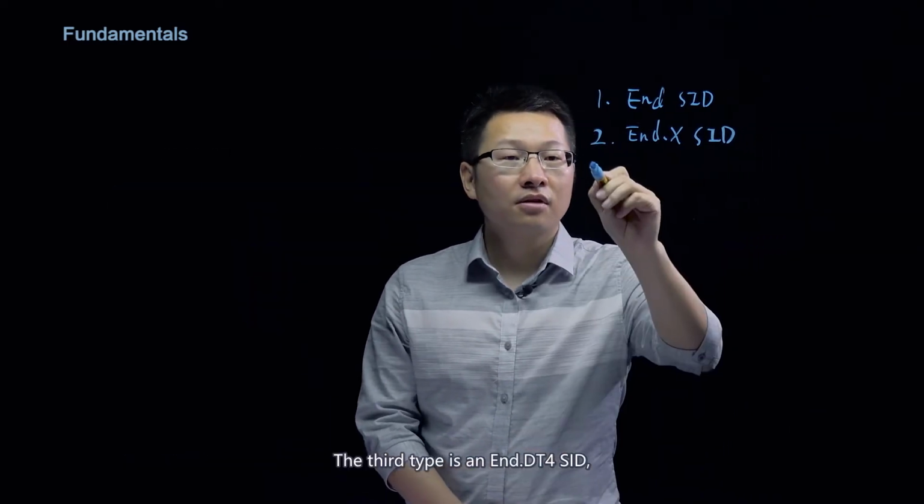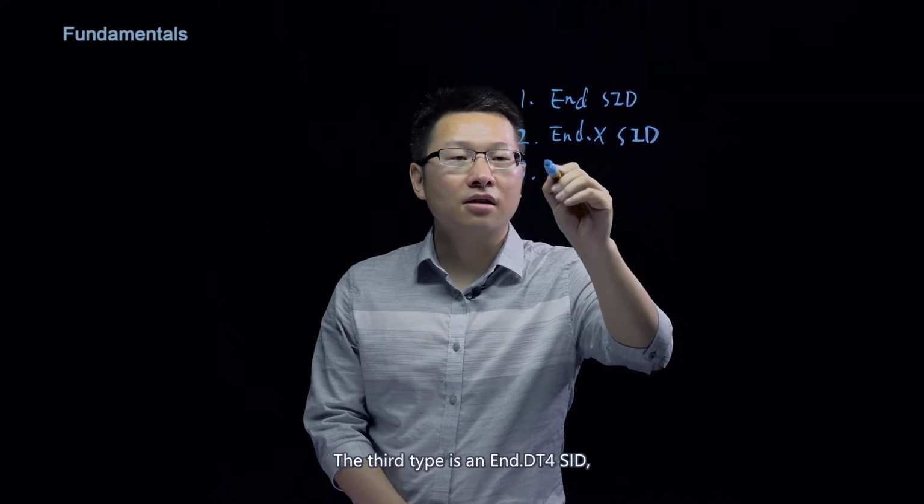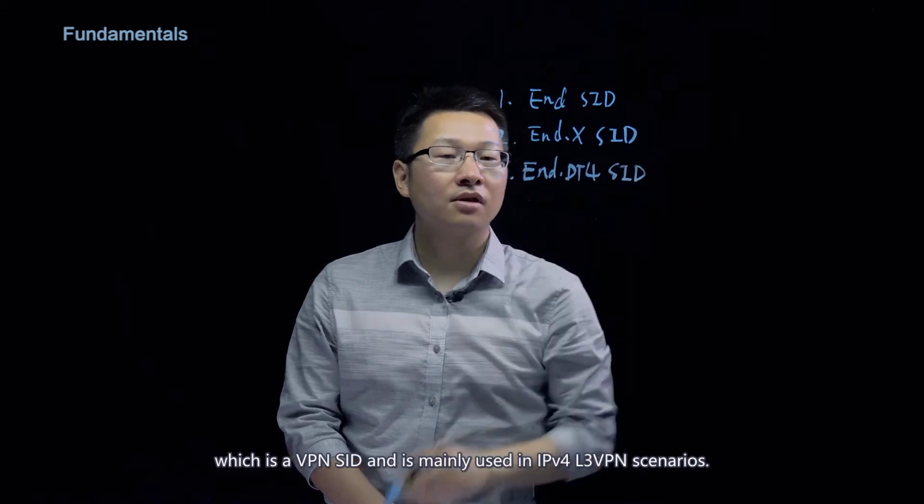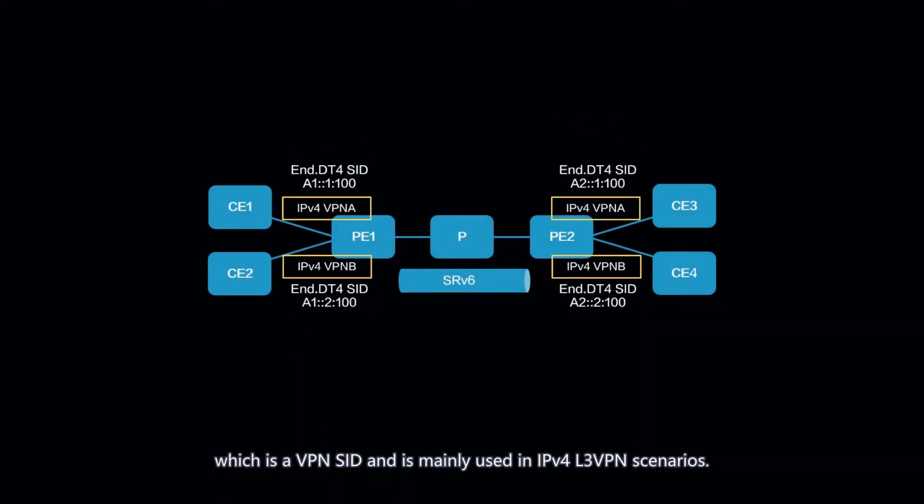The third type is an End.DT4 SID, which is a VPN SID and is mainly used in IPv4 L3 VPN scenarios.